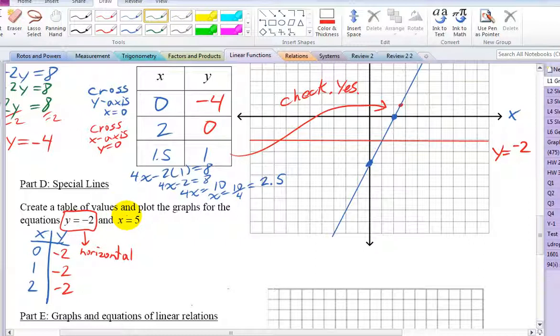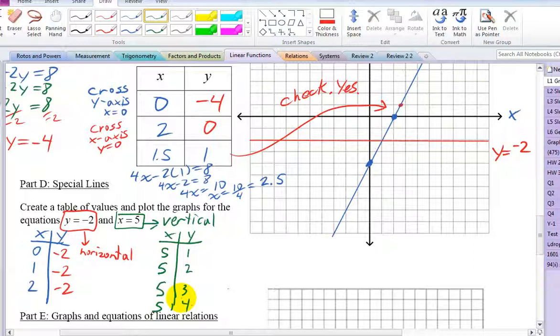For this next one, it's the opposite. So because it's X instead of Y, instead of horizontal, it should be vertical. Okay. Now you could do an XY chart if you wanted. X is 5, X is 5, X is 5. Go ahead and make up numbers for Y. It doesn't matter.